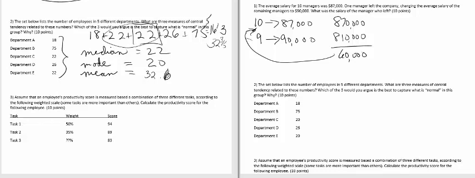If you said it's the median, you would say that you have this outlier, 75, and the median best captures what's central to these numbers. If you said the mode, which here is 22, you would say it's most likely in this group, so that's fine.